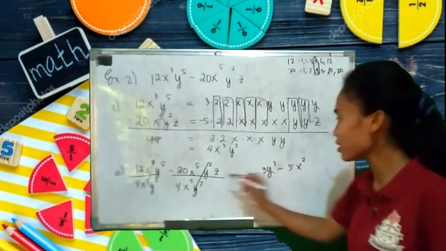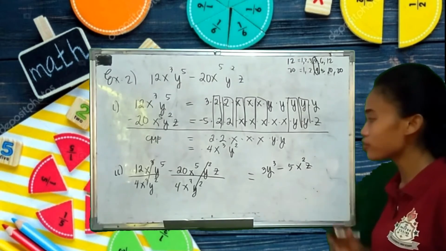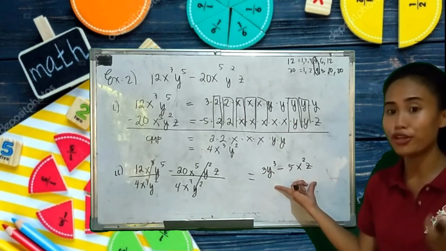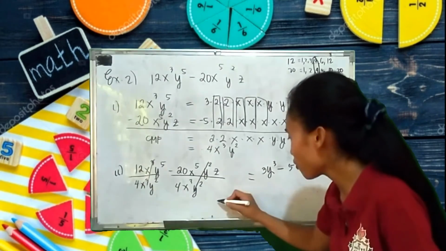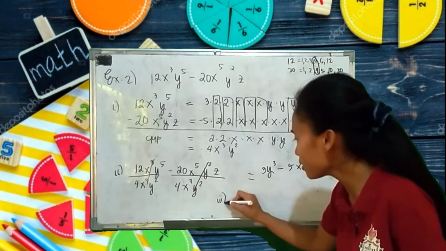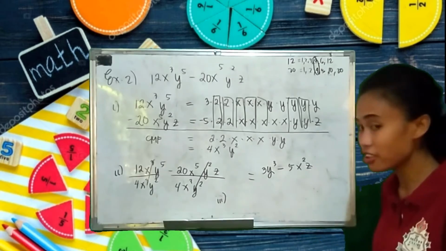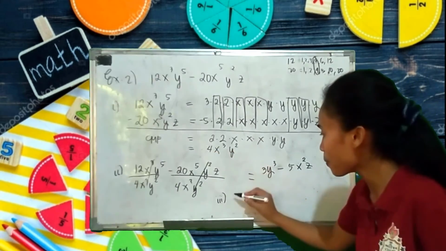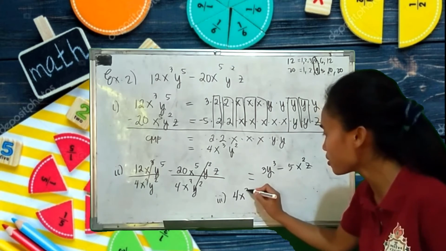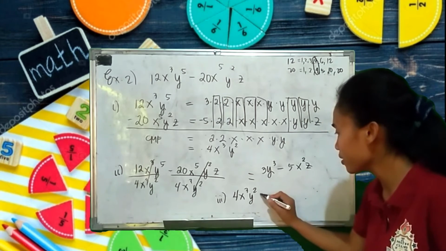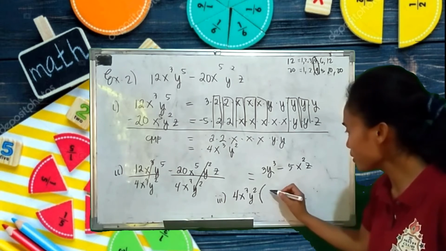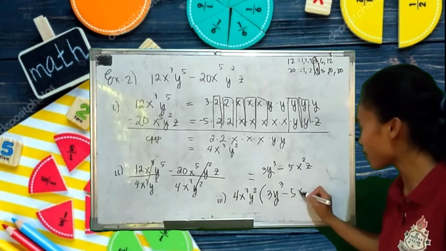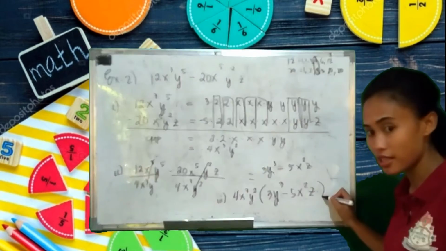And then we cancel that out, so that is equal to z. Now, in step 2, we obtained our other factor. And for our step 3, we write now our final answer in factored form by copying the CMF. So we have 4x cubed y squared times the quantity, our other factor is 3y cubed minus 5x squared z.